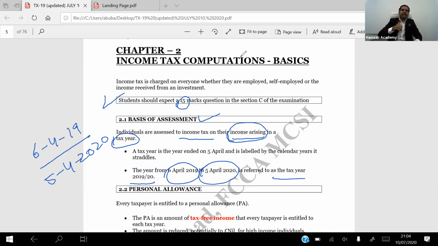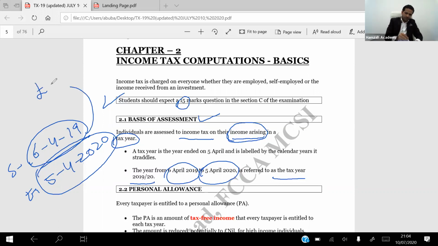So if I had an employment income from my company within these dates, and I earned pound sterling 120,000 as salary, I will be paying tax.